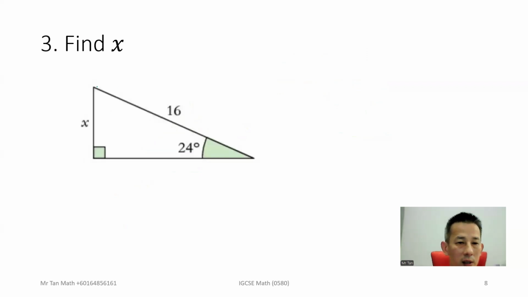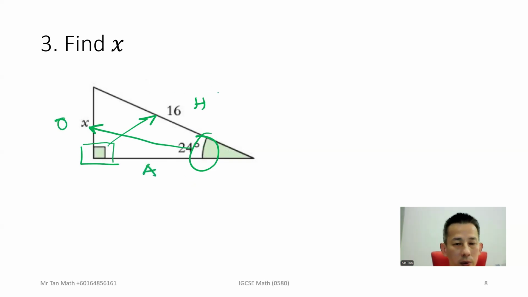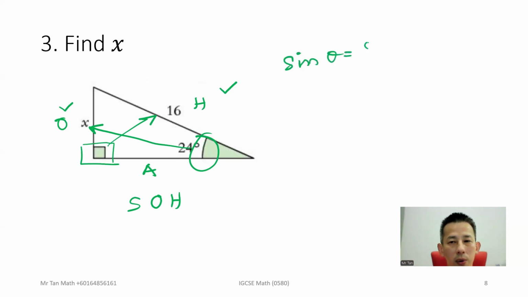Next, it's a right angle triangle, and then you identify H, O, A. This is the right angle. This is H. This is the angle. This is O. Therefore, this will be A. So we have O and H. So it's sine theta is equal to O over H. Therefore, sine 24 equal to O, which is x, over 16.